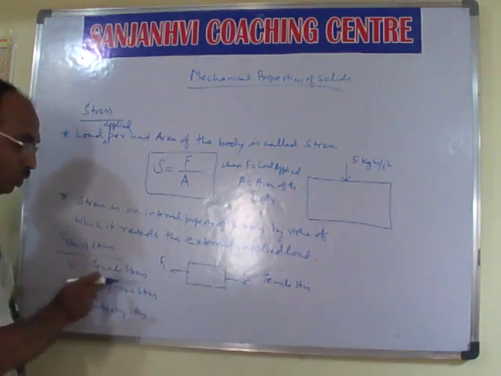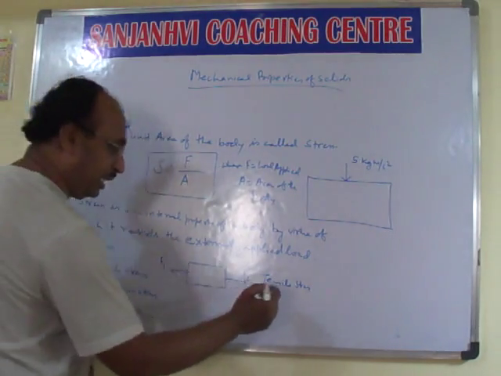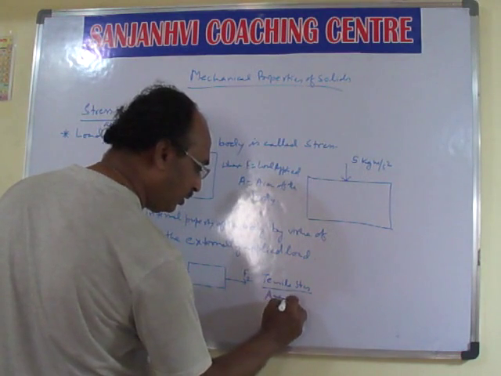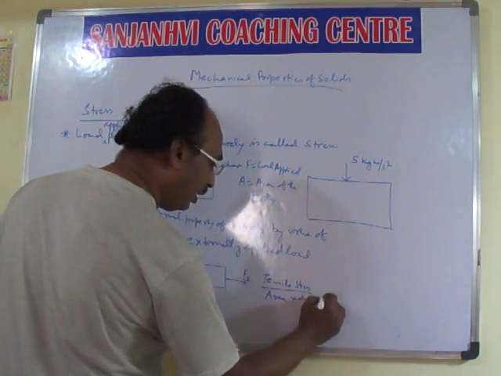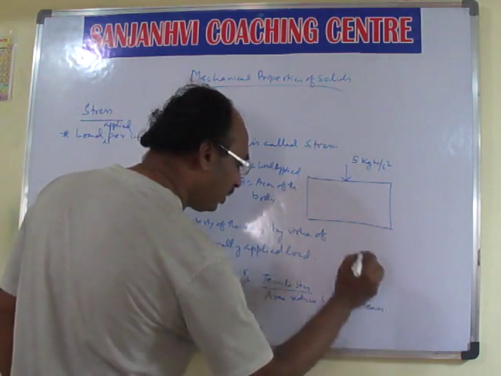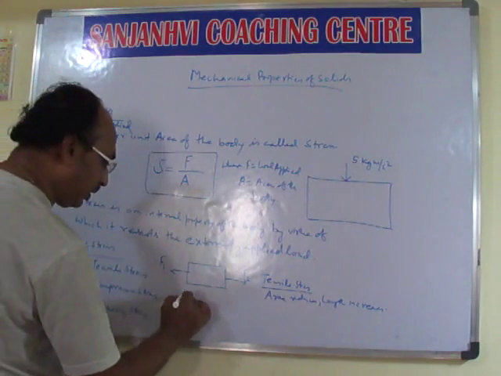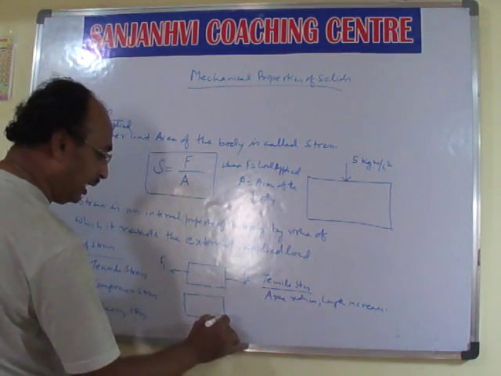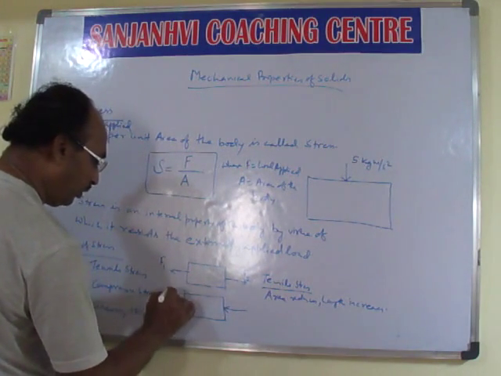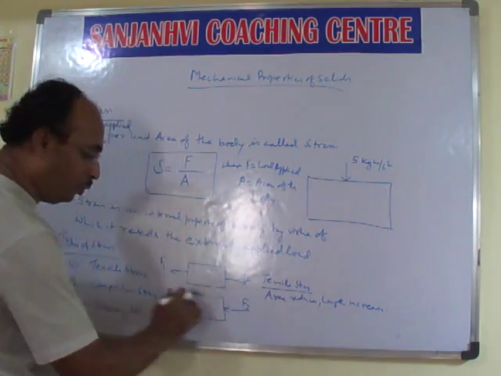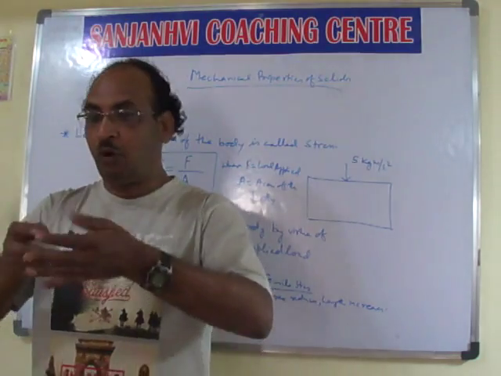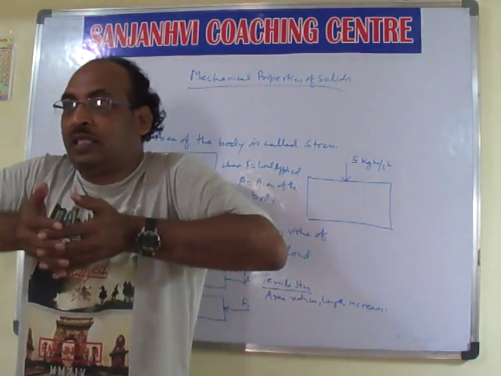Now another one, compressive stress is there. In tensile stress, area reduces, length increases. Yes or no? In compressive stress, suppose a particular body is there, and in that body you are applying some load F1 and F2 in this way, compressing it from both the sides.